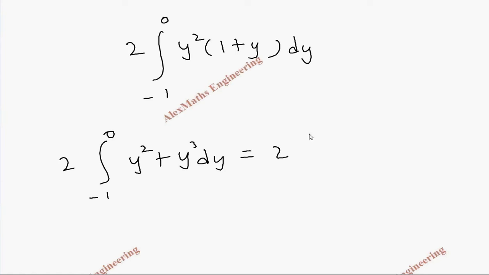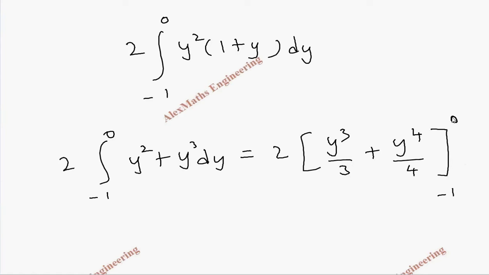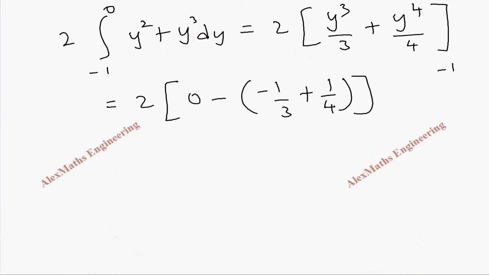So this is 2 y cube by 3 plus y power 4 by 4. We have from minus 1 to 0. By using the upper limit, we get everything 0, and using lower limit, we get minus 1 by 3 plus 1 by 4. So totally, this is 2 into, there is a minus sign outside.